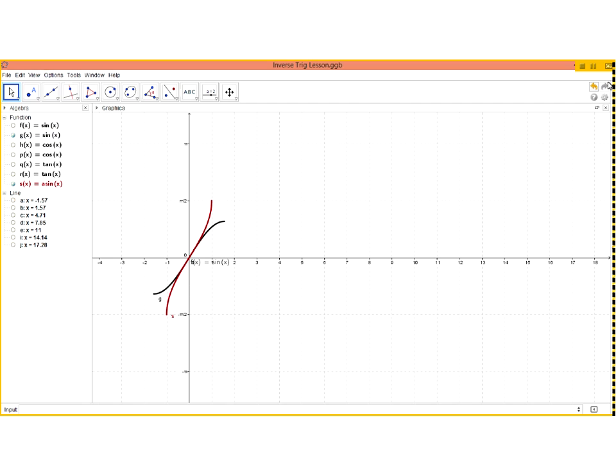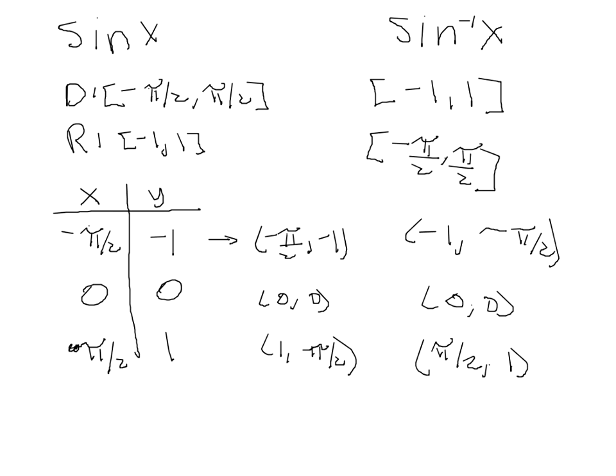Now, this presents a little bit of a problem because if my range is -π/2 to π/2, here's π/2, and here's -π/2. I only get angle measures from quadrant 1 and quadrant 4.